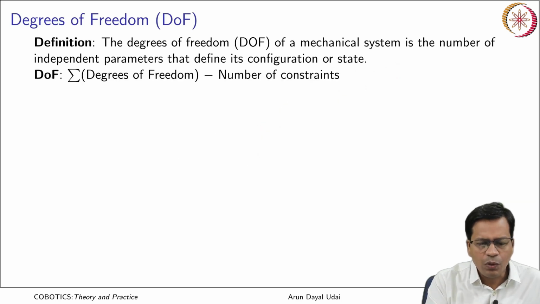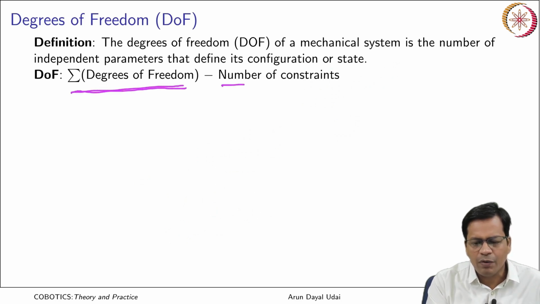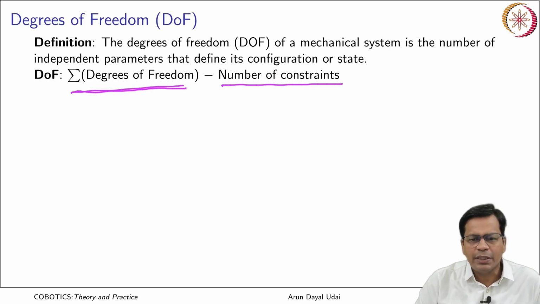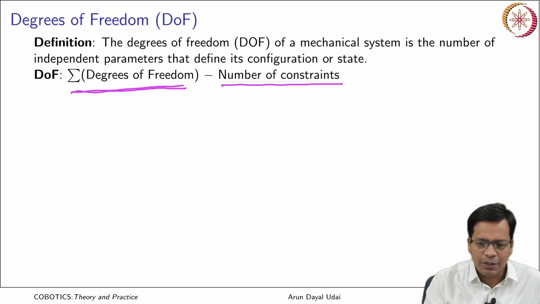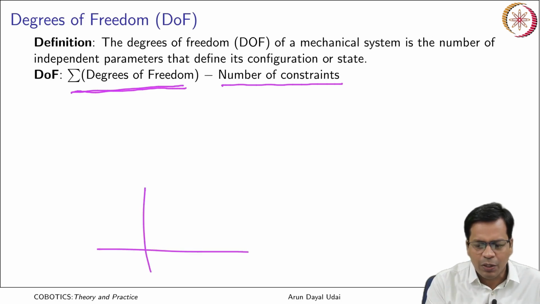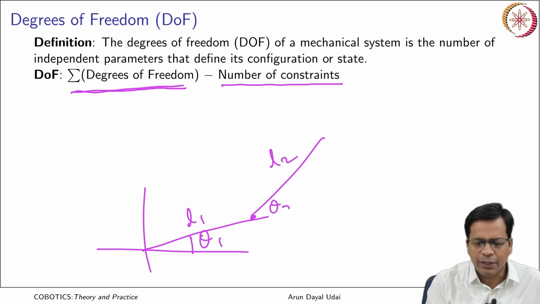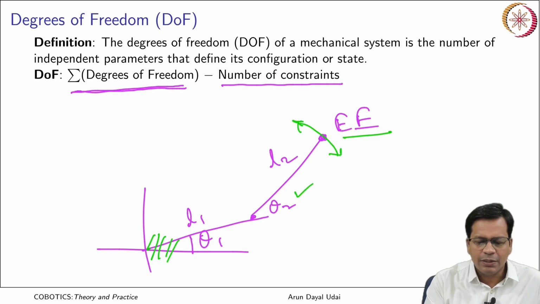So effectively, total degrees of freedom is the summation of all the degrees of freedom minus the number of constraints. That is, the number of independent constraints that can be put on a robot so as to fully constrain it. Let us say again a similar robot with 2 degrees of freedom, with link 1 and link 2 and joint angles theta 1 and theta 2, finally defining the end effector coordinate. If I constrain this joint, the end effector can still change its coordinate by just changing the second joint angle.